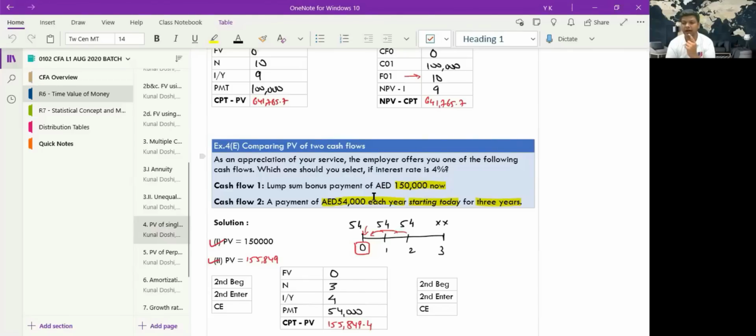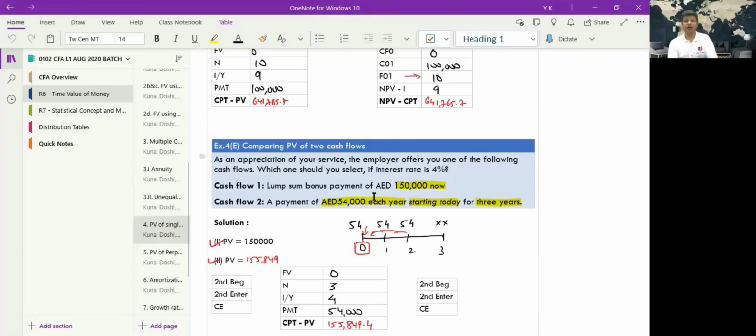How much did you get? 149,854. Right. Now multiply that with 1.04. Did you get the answer? Yes, 155,849. Right?